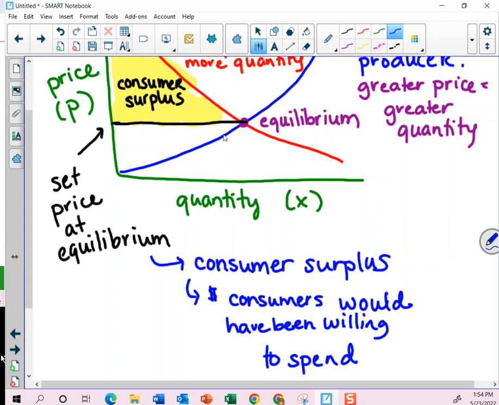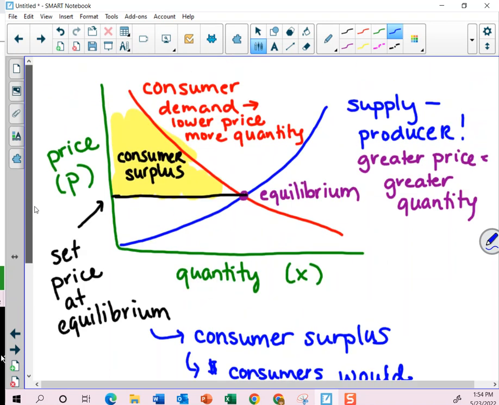If the market sets the price or the producer sets the price at a certain point, and all the consumers would have been willing to be up here and they only have to spend down here, they got some extra stuff. And that's measured as consumer surplus. It's the space between where the price actually happened and where they would have been okay with the price.